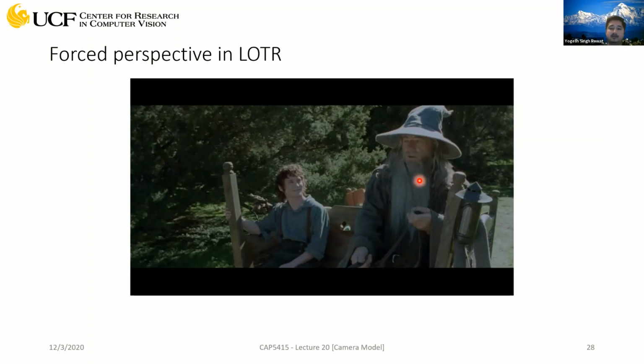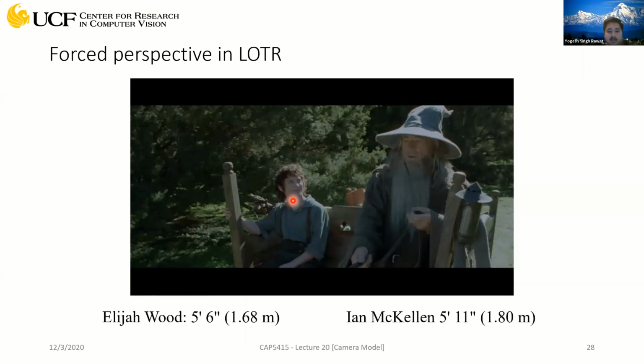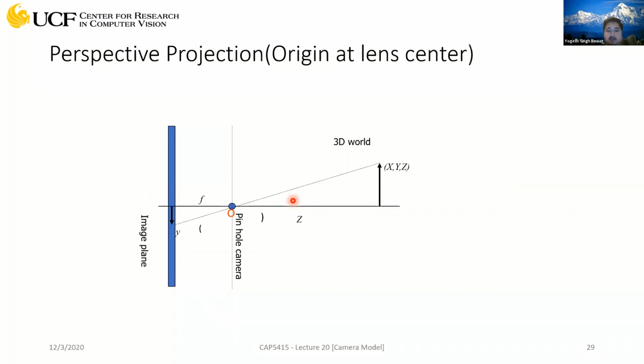And later I think it was merged with the other scene. So it was not that trivial, but the same idea was utilized. Okay. So I think that was enough to motivate you why we need to study camera modeling and projection of the 3D world to the 2D world. So it's not just important to understand how the projection happens, but it has a lot of applications as well.